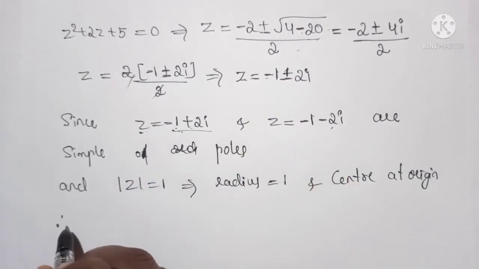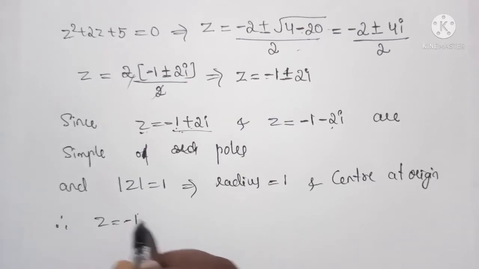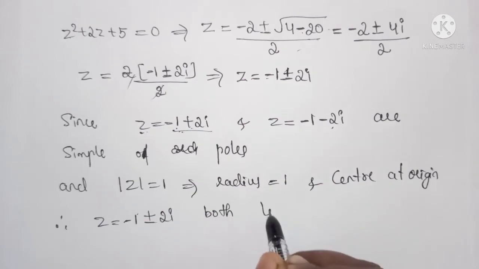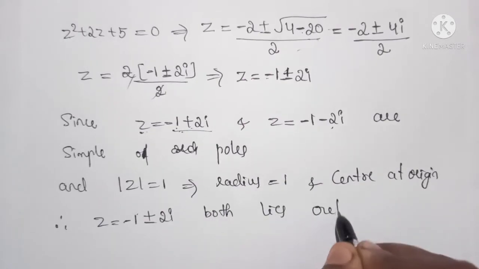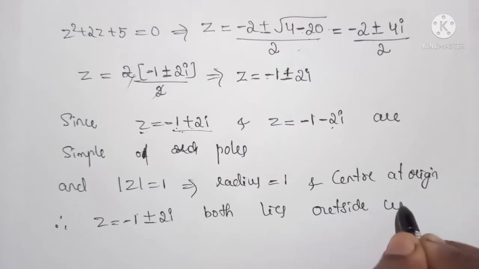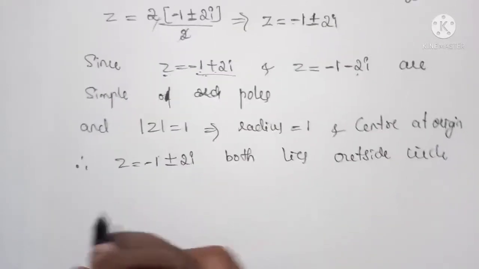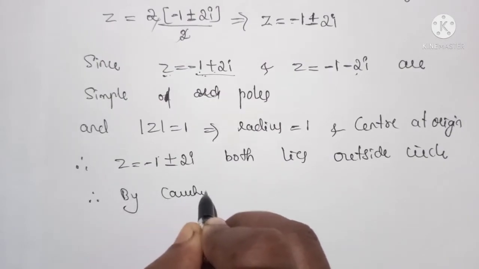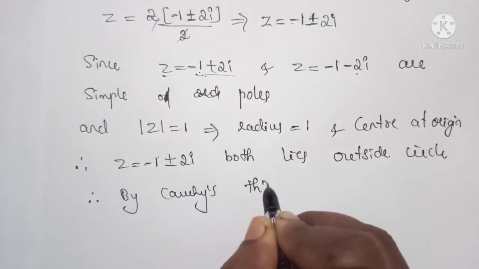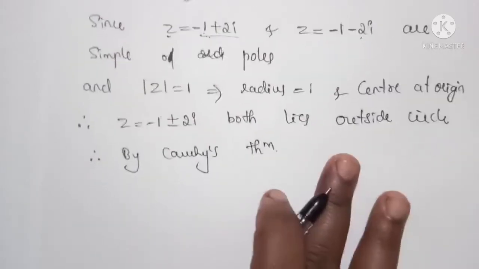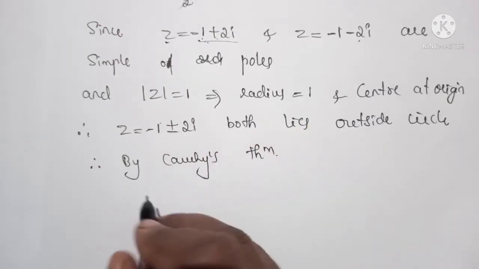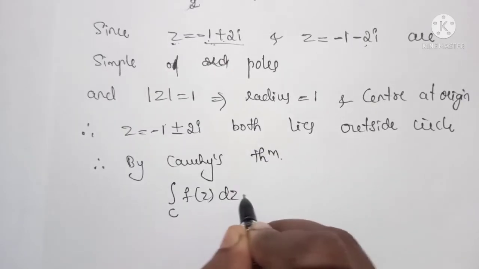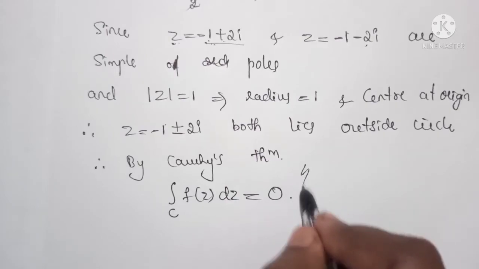Therefore both lie outside the circle. So by Cauchy's theorem, not the residue theorem, only Cauchy's theorem, since these two lie outside, we get the integral over C of f of z dz equals 0.